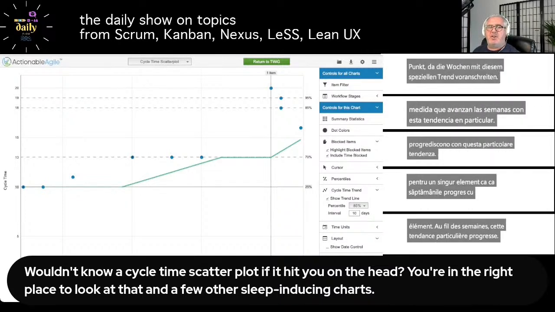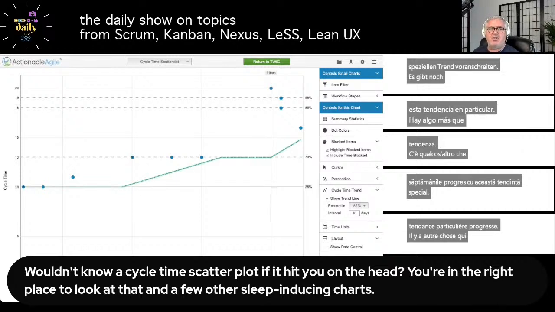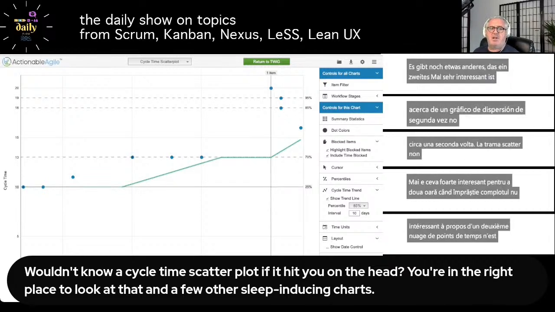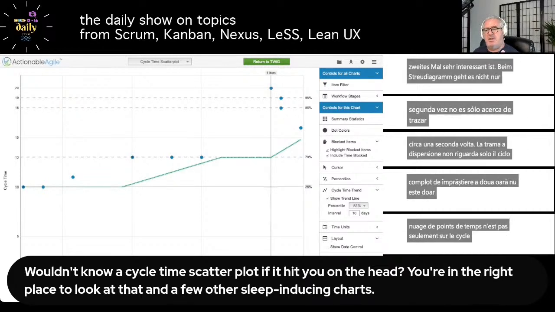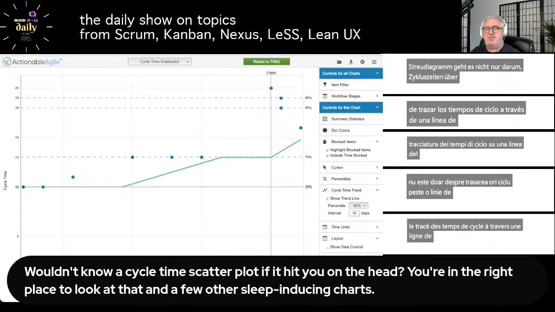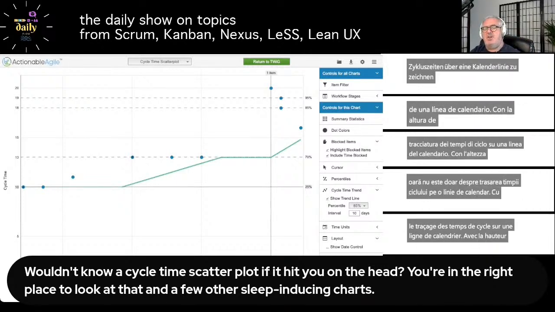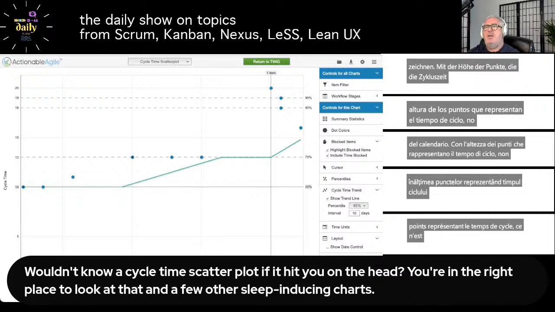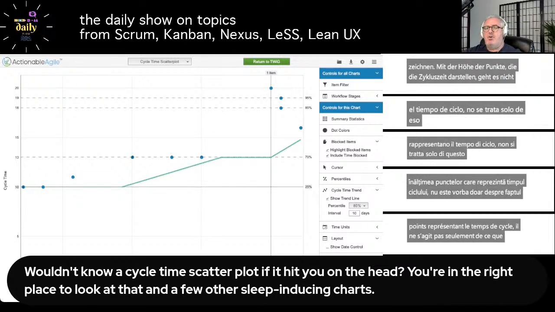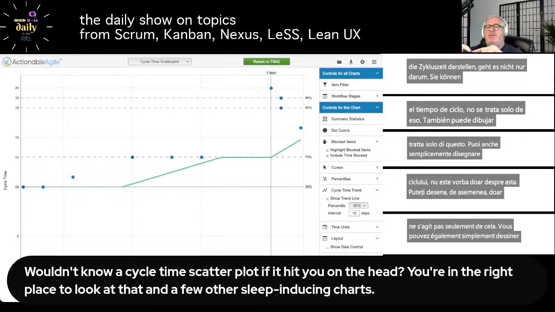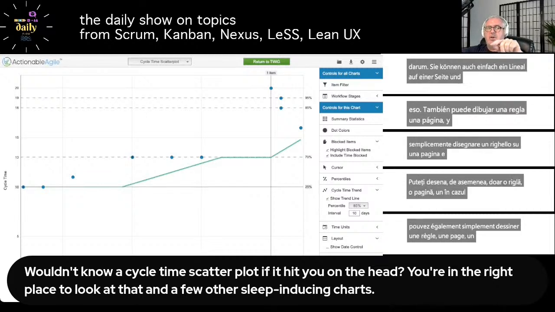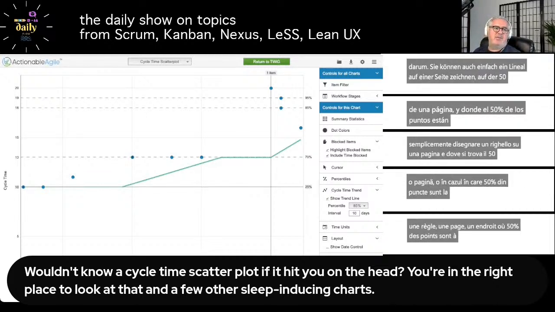There's something else that's very interesting about a cycle time scatter plot. It's not just about plotting cycle times across a calendar line with the height of the dots representing the cycle time. You can also draw a ruler up a page, and where 50% of the dots are at that line or below, we call that the 50th percentile.